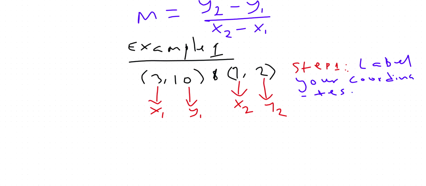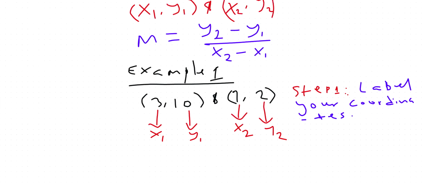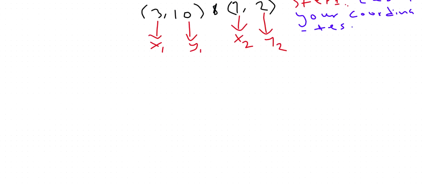So the second step is to do what we call plugging into that formula. We can now say m equals our y2 here. What is it? We need to get what our y2 is, which is 2.